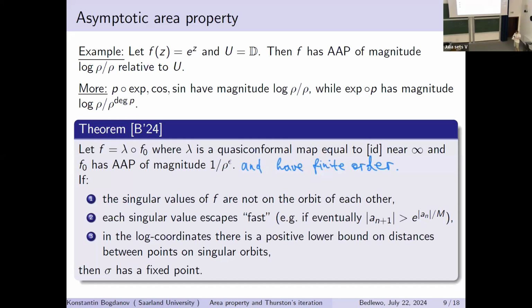In principle, even if there is no lower bound, one can deal with such cases separately, but for now, let us not do this.